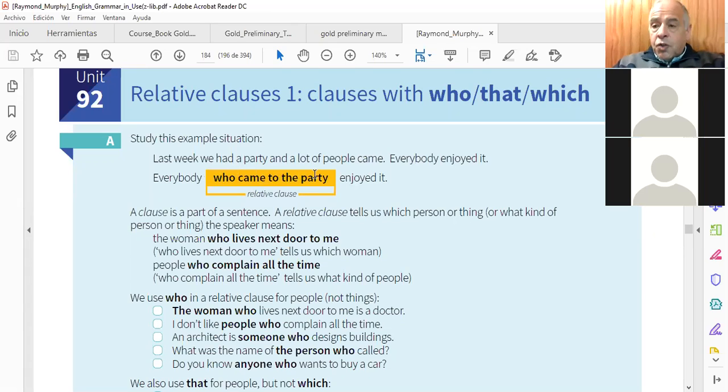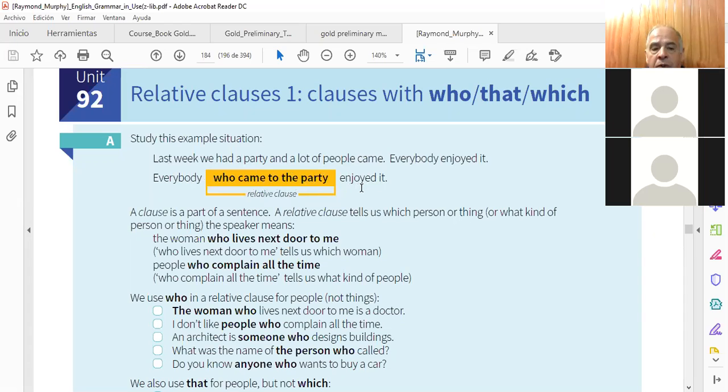So in this clause, you explain who enjoyed it. So you are talking about who performed the activity of enjoying something. Everybody who came to the party enjoyed it.